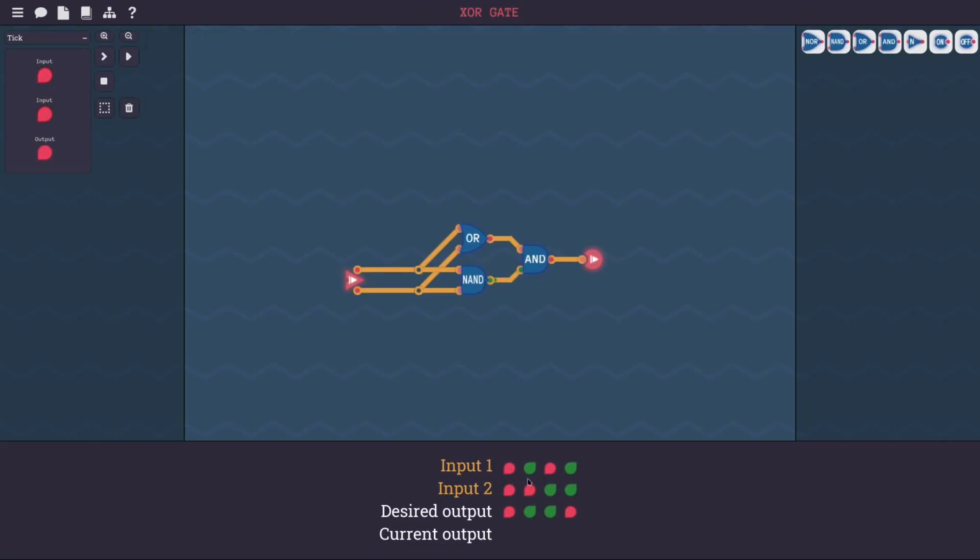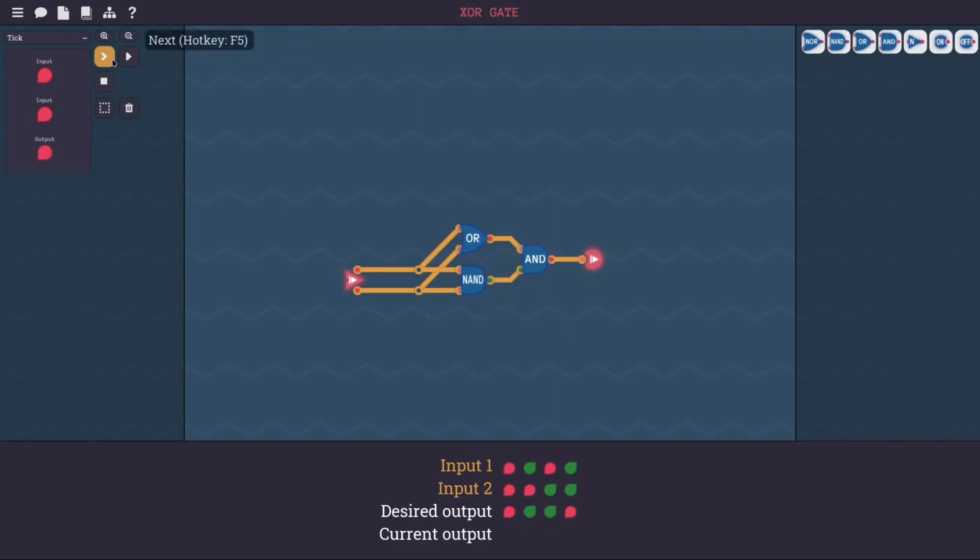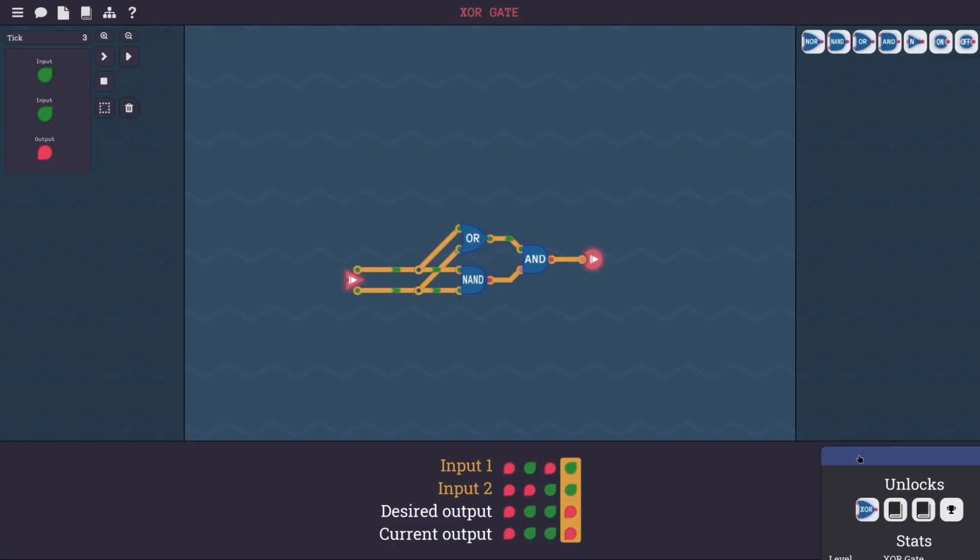It has to be the OR check, right? Because that's this, these is the OR. But also it has to not be this, right? And since this is NAND, we need it to be OR and not AND. That's what this AND is. And that's this. So if we then run this, perfect.